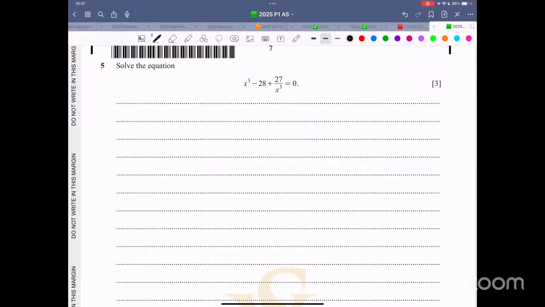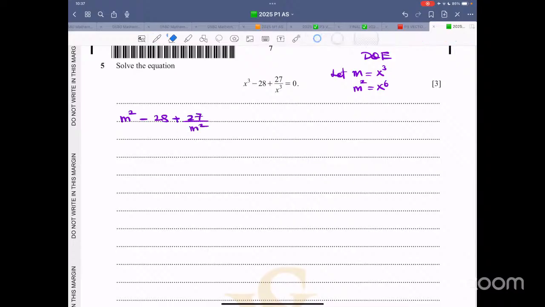So now solve the equation. This looks like a disguised quadratic equation, and it will become x power 6. So let me write over here, let m equal x cube. Therefore, m square is x power 6. Now over here, I'll write m square minus 28 plus 27 over m square.